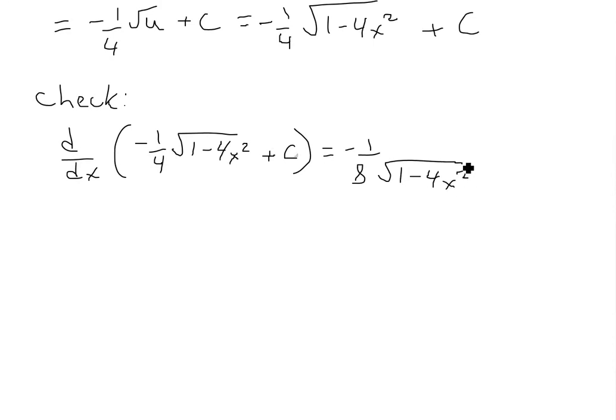Then using the chain rule, we get a negative times negative 4, and then bring this 2 down, so we'll have negative 8x right here.